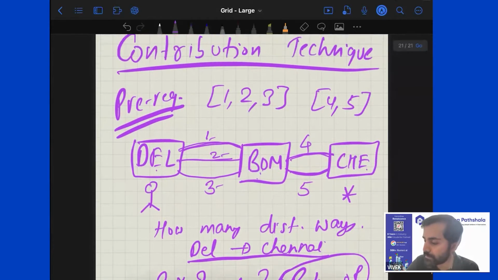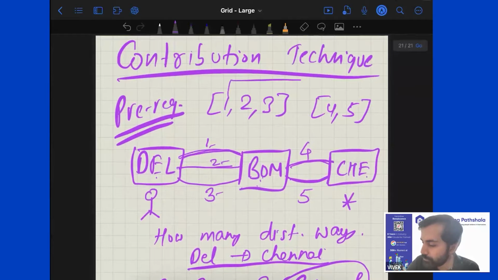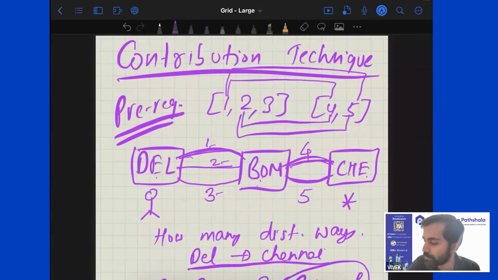Now, one possibility is you club 1 with 4 and then you get this path, which is 1 comma 4. Or you club 1 with 5 and then you get this combination, which is 1 followed by 5. The same thing could have been done when you club 2 with 4, 2 with 5, or 3 with 4, 3 with 5. So if you are really taking a look over here, this is just like a Cartesian product.